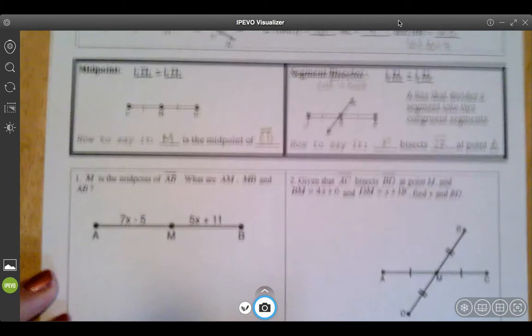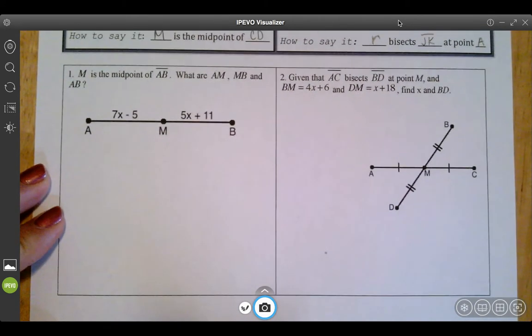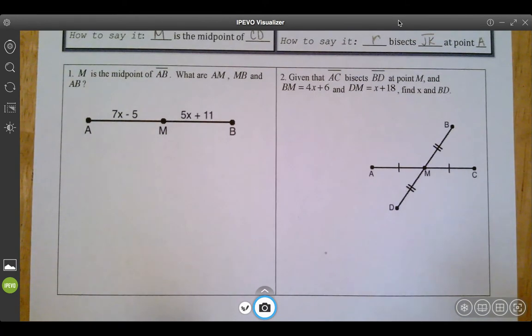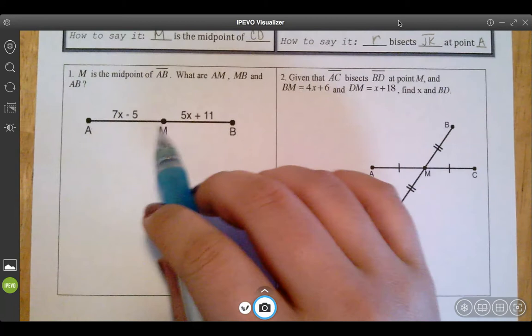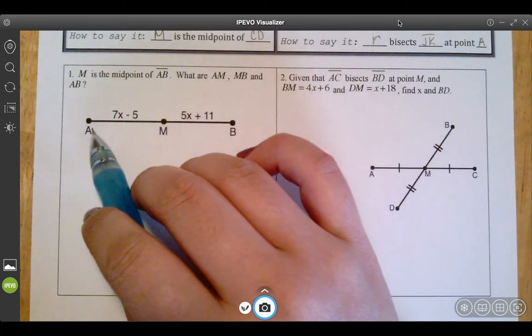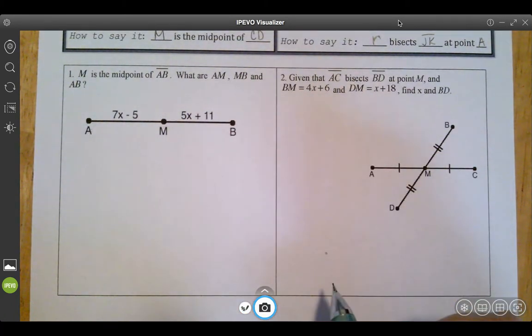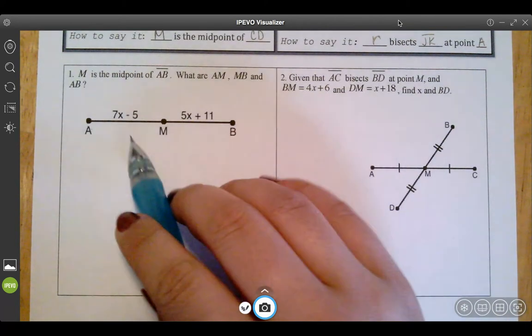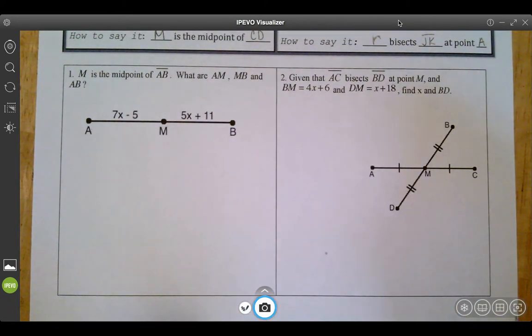Okay, and then lastly, a couple of examples here. If M is the midpoint of segment AB, where AM, MB, and AB are from this diagram, we want to find the measurements of all three of those segments. So first we have to say, what does it mean if M is the midpoint? If M is the midpoint, it is the point in the middle.